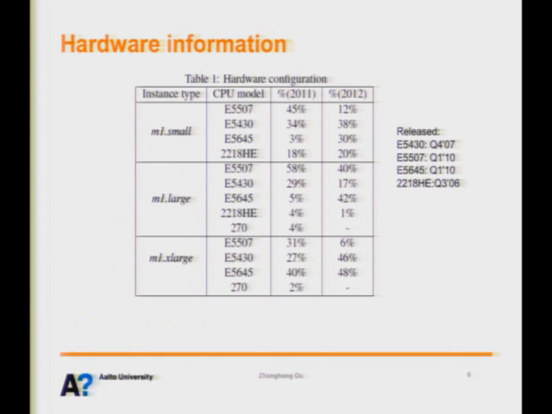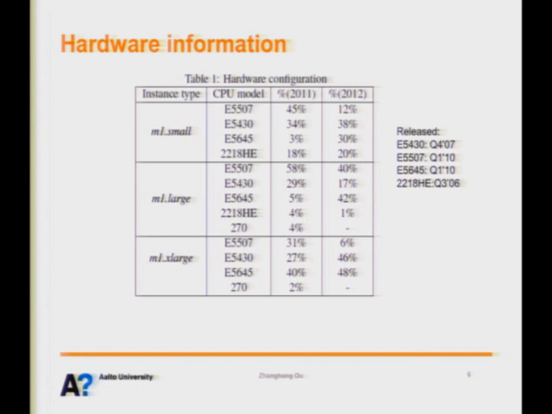So here's the hardware configuration information from the underlying platform. The left one, M1, stands for the standard family, and small, large, and X large mean different instance types within the same family.